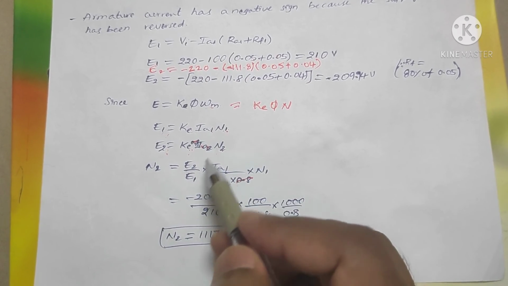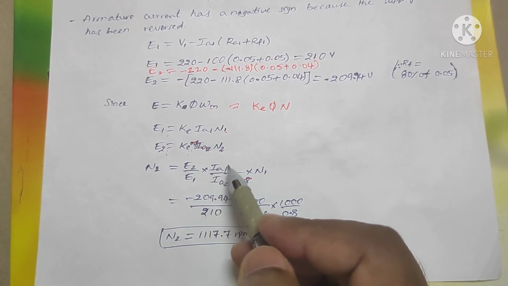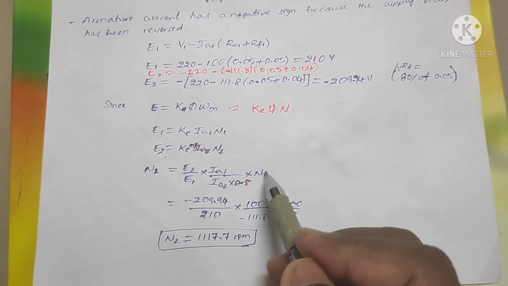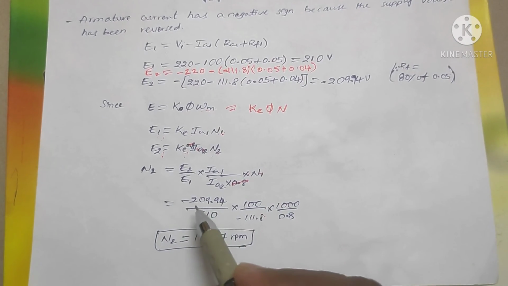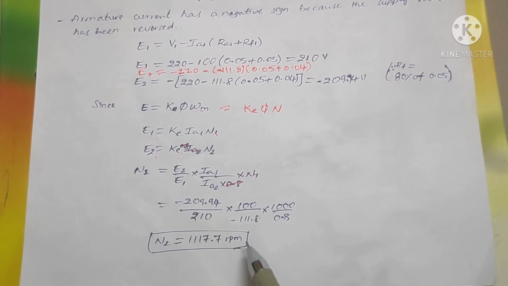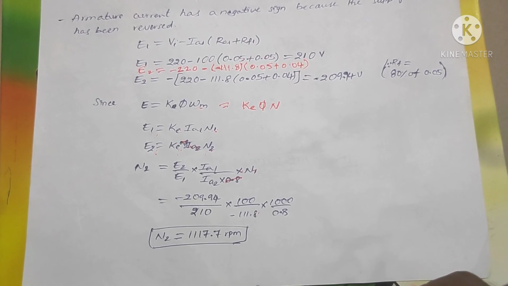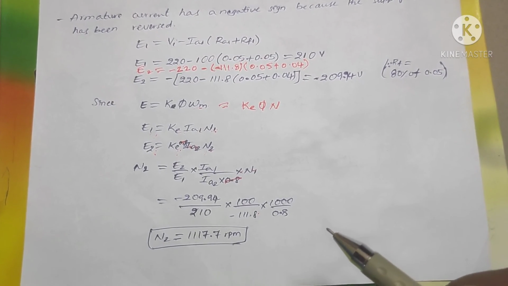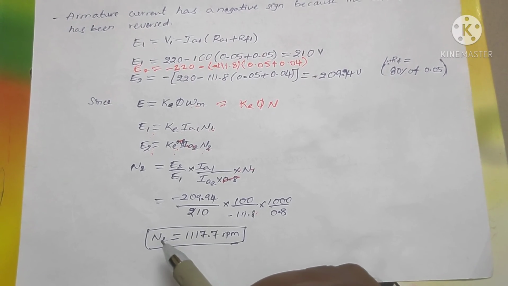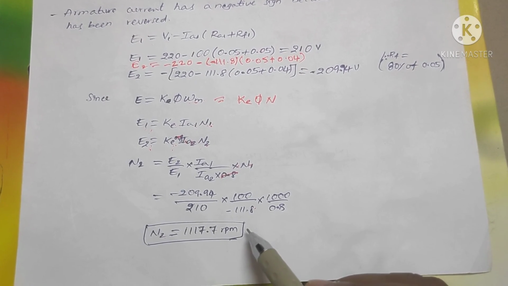So N2 by N1 is equal to E2 by E1 into Ia1 by Ia2 into 0.8 into N1. By substituting these values, we'll get N2 as 111.7 RPM. So when the supply gets reversed with 80% reduced field winding, the corresponding speed of the motor is 111.7 RPM.